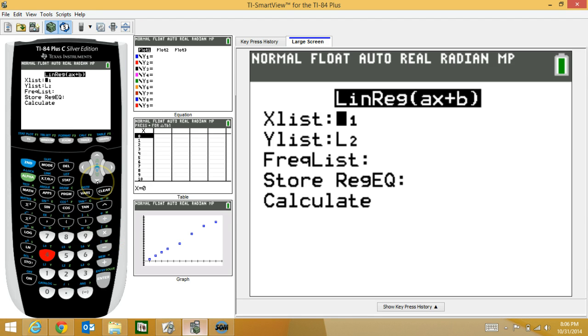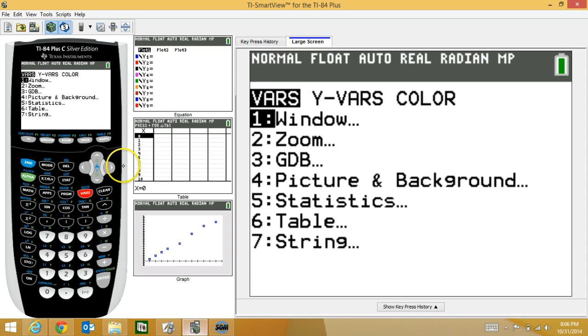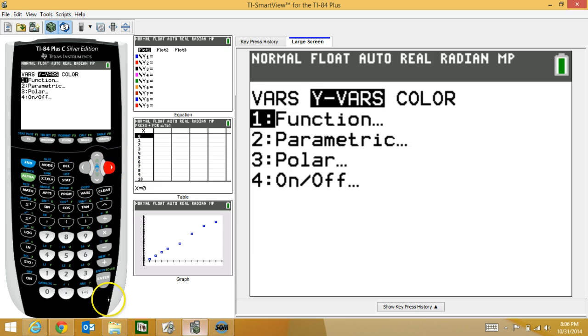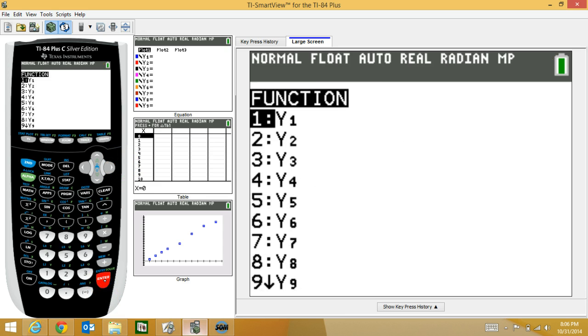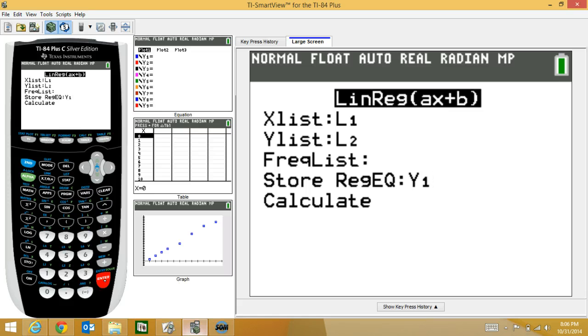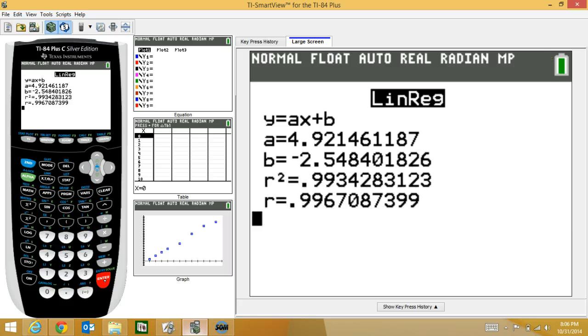And we should have list 1 for our X list, list 2 for our Y list, and again we want to store the equation in Y1, so we're going to hit Vars, right arrow to Y-Vars, Enter on Function, Enter on Y1, and then we're ready to calculate it.